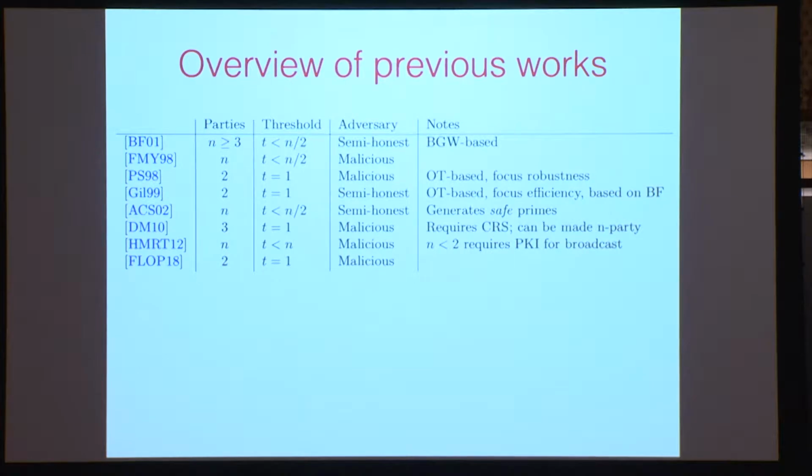The initial set of works like Poupard and Stern, Gilboa, Algesheimer et al., were all theoretical frameworks trying to improve the security aspects of this, from semi-honest to malicious, and I'll tell you a little bit more about these later.